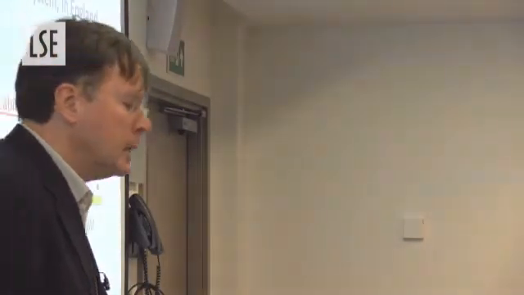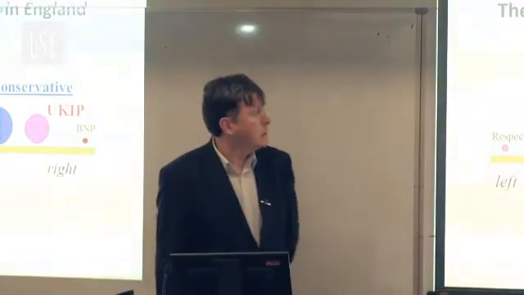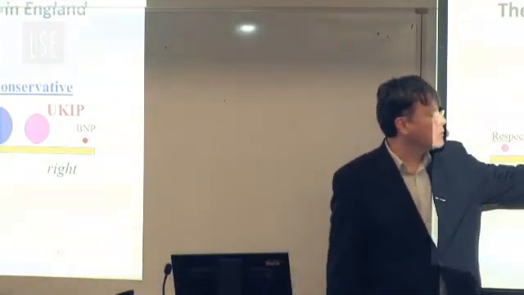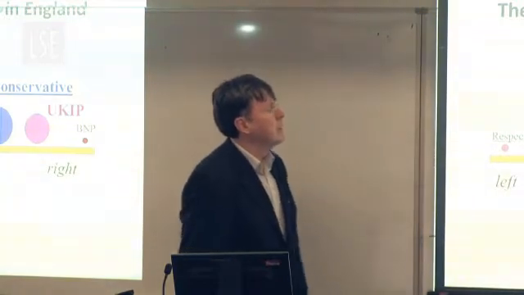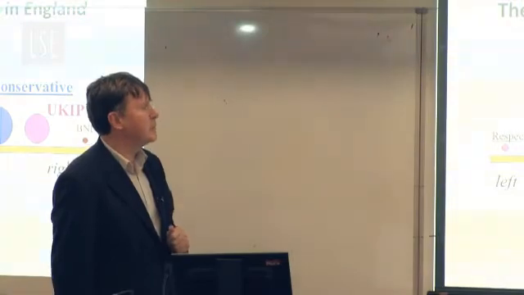The first thing to think about is, well, let's think of a picture of the British party system. And this is what it looks like at the moment. We've got a left-right line here, a spectrum. We've got two big parties, Labour and the Conservatives. We've got the Liberal Democrats, who are of course partners in government at the moment, not doing terribly well in the polls, so shrunken a little bit from the former glory.